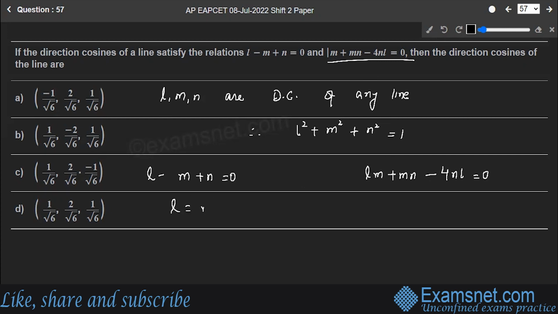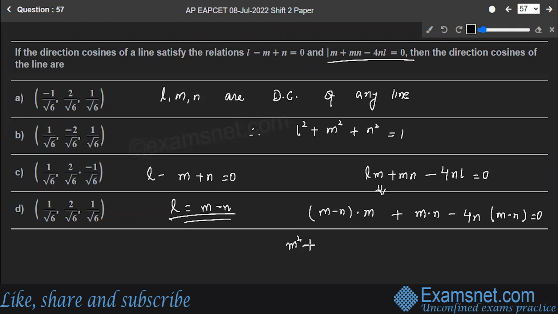Here you can have L is equal to M minus N. Okay. So the second one, I'll fill this value of L in this equation. So this equation will become M minus N into M plus M into N minus 4N into M minus N is equal to 0.